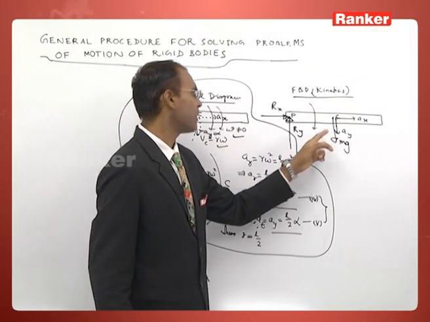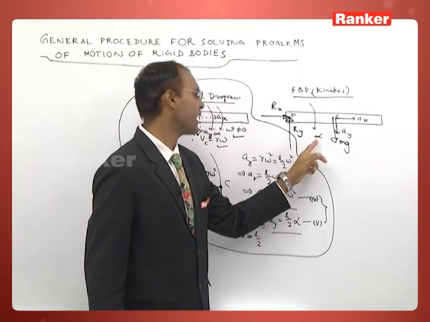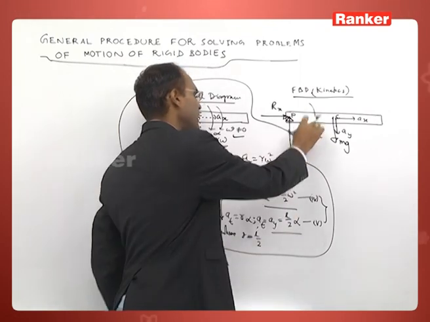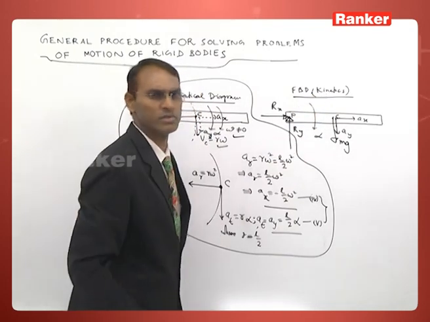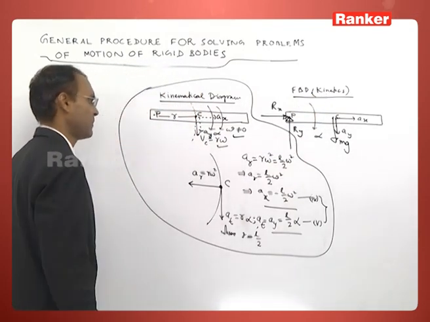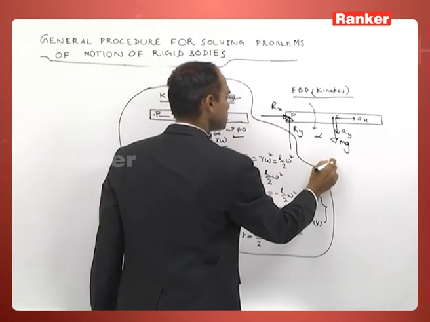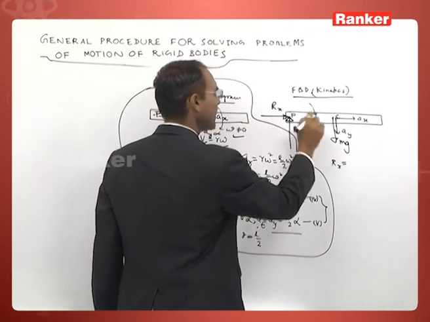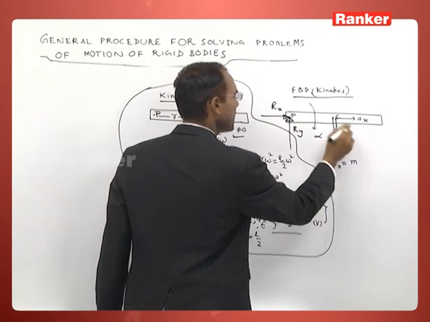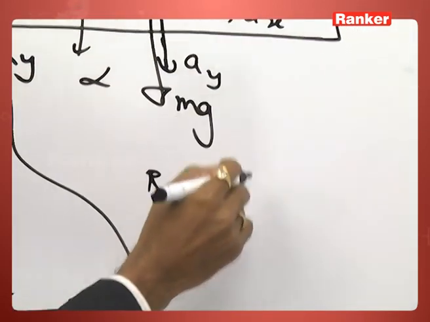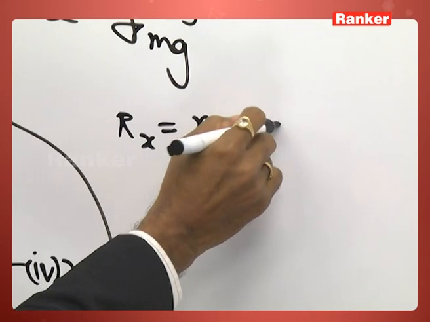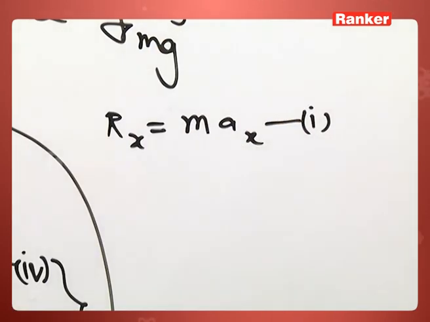Linear accelerations of the center of mass and angular acceleration of the rod. Either you can write alpha in this way or in this way or in this way, your wish. The equations along the x direction, net force is plus Rx is equal to mass times the acceleration along the x direction is plus x. Equation number 1.